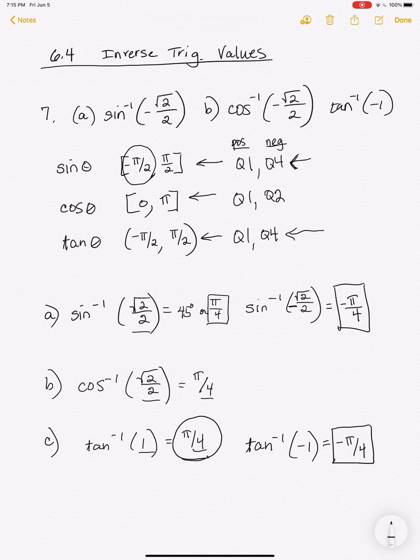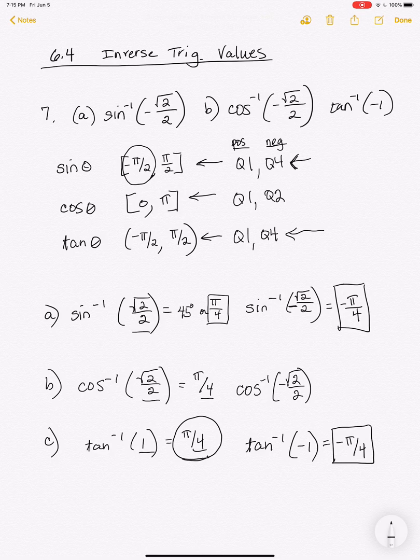All right, and then the last one is cosine. So this I would consider the trickiest, because I know that, and I'm going to find the negative. So I'm looking for the negative square root 2 over 2. All right, so I know that the cosine of pi over 4 is the square root of 2 over 2.